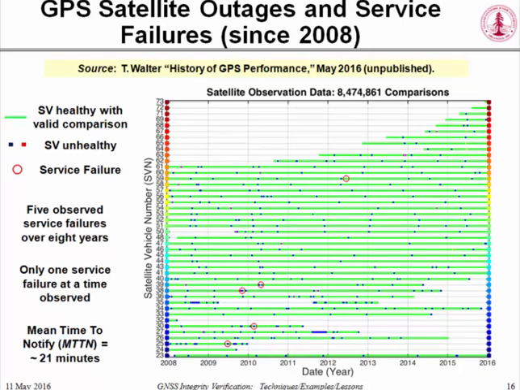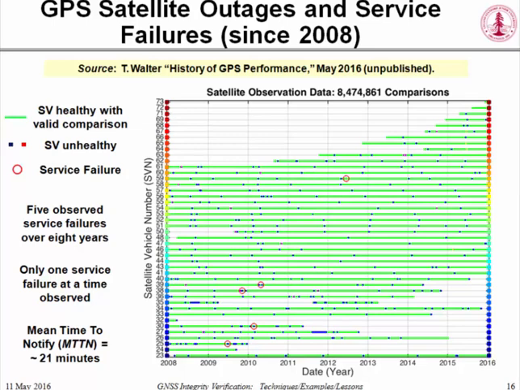Now this, from the same collection of data, since 2008, it shows two key things. One is the green for each satellite, going from older satellites to newer satellites. You can see it's a summary of each satellite's history, where green represents healthy and valid data.